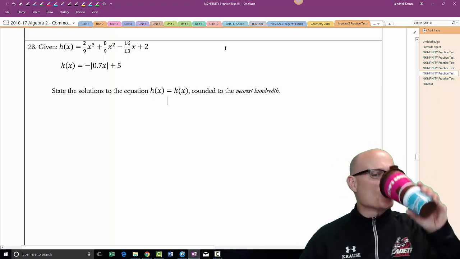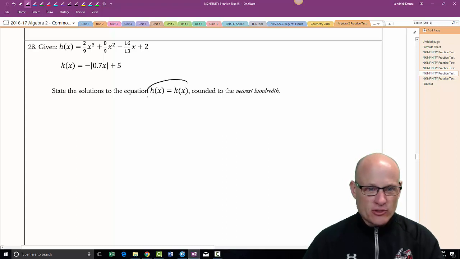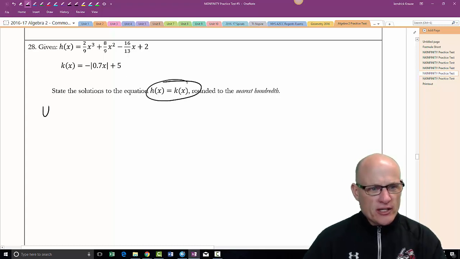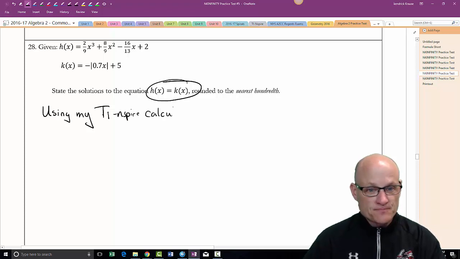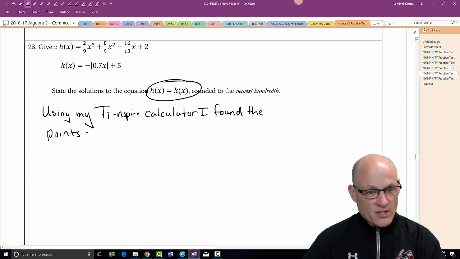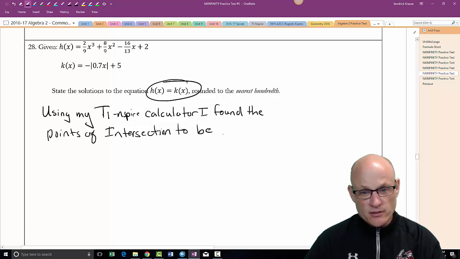So I still want to know where they equal each other. So using my TI Inspire calculator, I found the points of intersection to be, oh, how about this?